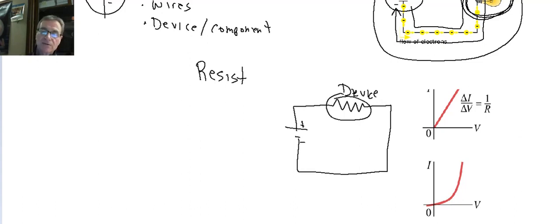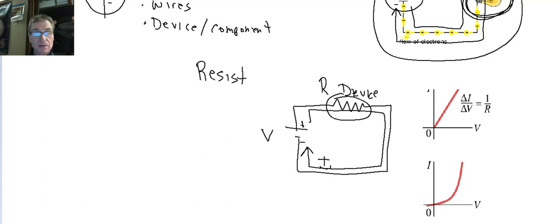In this circuit we have a power source which gives us voltage. We have electrons that are going to flow in the conventional sense there, and so we have a current I, and we have this device here which has a resistance R. And from a physics sense, these are the three variables that we're going to use to analyze circuits.